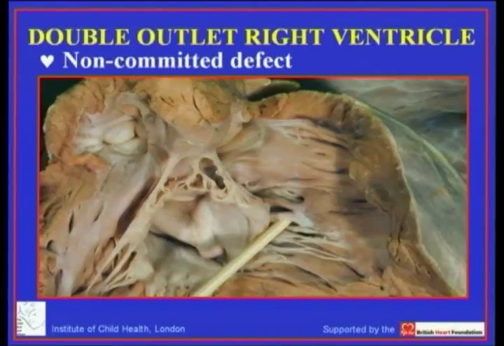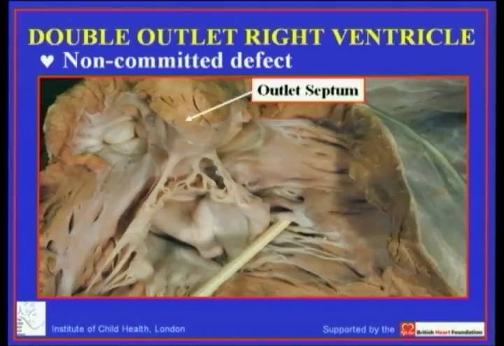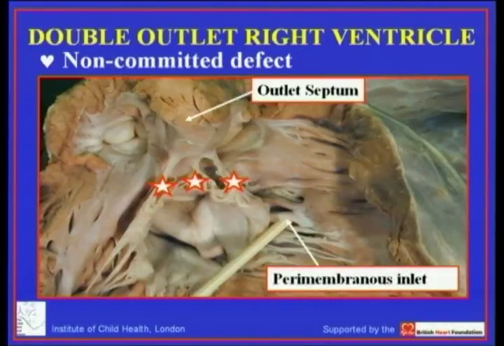In this instance, the defect is perimembranous. It has extensive inlet extension. Once more, the outlet septum is interposing between the outflow tracts, and you note that the tension apparatus of the tricuspid valve is attached to this outlet septum, blocking the way between the perimembranous inlet defect and here the aortic valve.